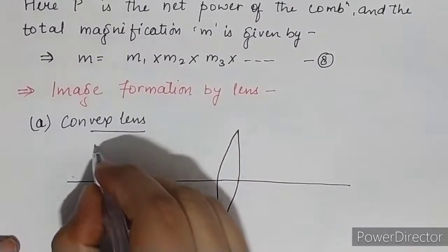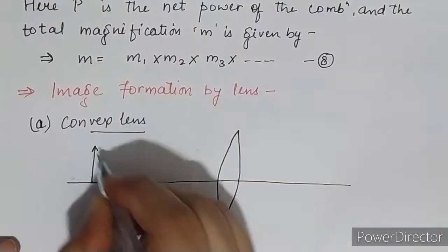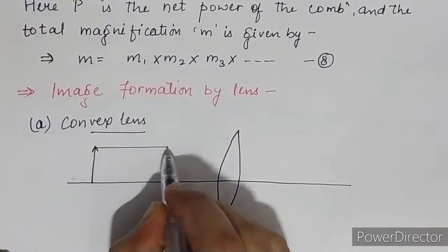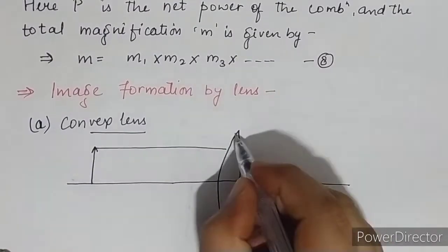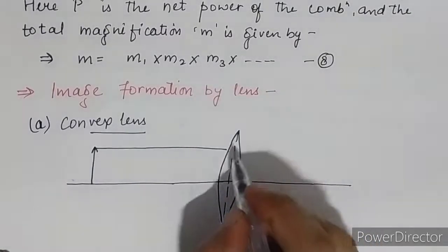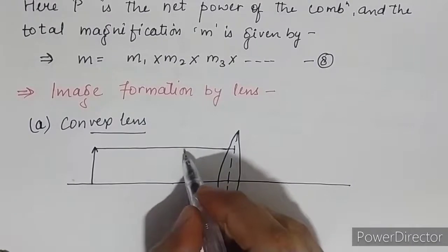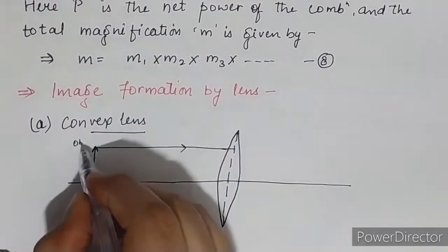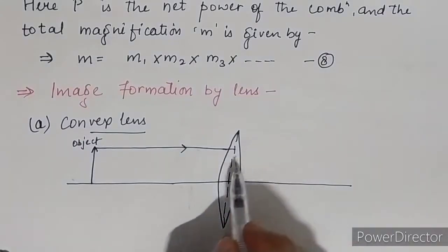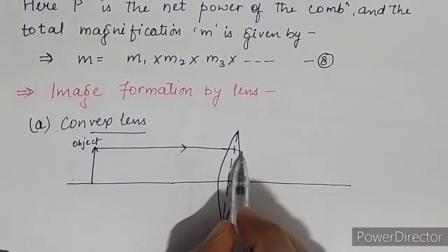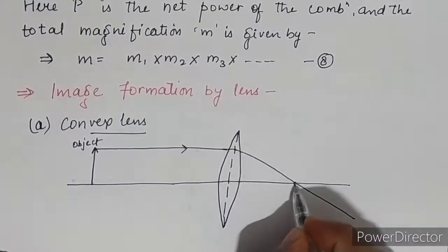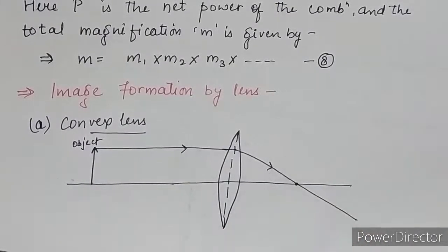Suppose your object is here. When the light rays are coming parallel from the object, first of all we have to bifurcate them, they are always refracted through the focus. This one is your focus.